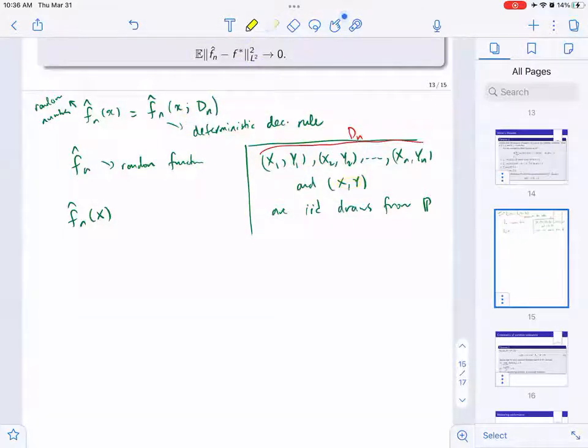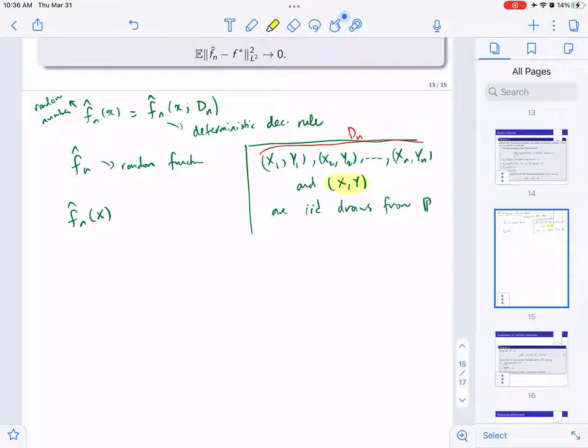This is just one sample. It's just a random sample from the same distribution, but this is independent from the training. Okay, and then when I evaluate this function, usually we work with a fixed x, and at the end you plug in the random x here. Now this is doubly random, so randomness in Dn and randomness in x, but these randomnesses are independent. Okay, so far so good, right?